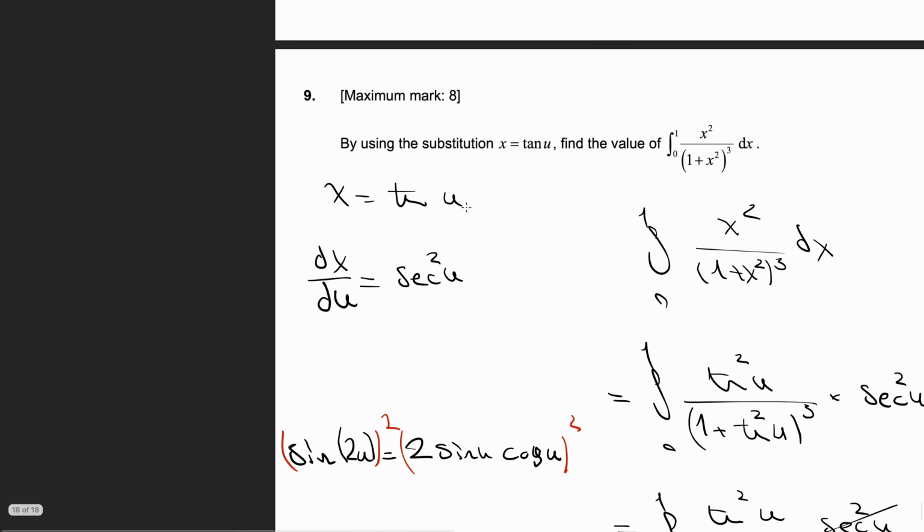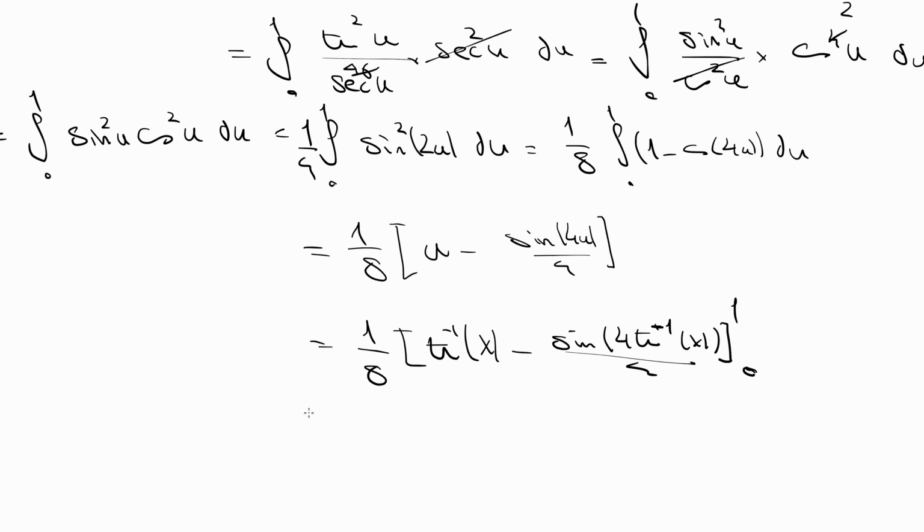So x equal to tangent of u, so u is equal to arctan of x, minus sine of 4 arctan of x divided by 4, from 0 to 1, right?